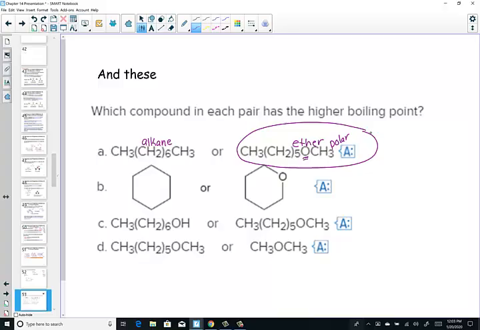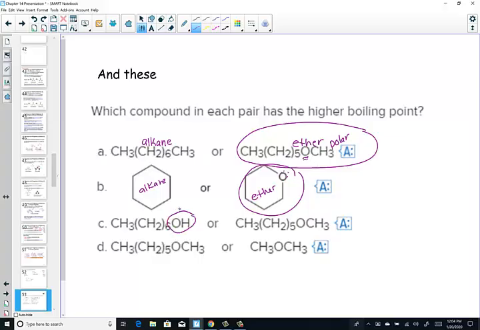And I think in letter B, you see the same thing. I have an ether linkage, so I see a polarity to this molecule. And this is just a boring alkane. It's a cycloalkane, but it's still not very interesting because there are no functional groups. The ether will have a higher boiling point.